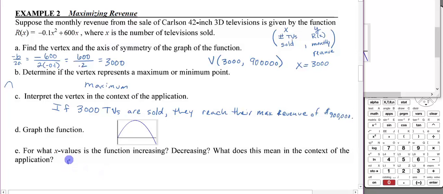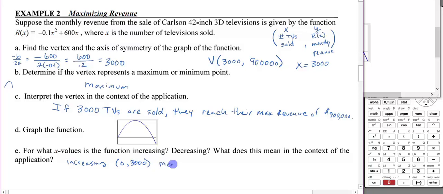application? So it's increasing from here to here, right? The x values from 0 to 3,000. So from 0 to 3,000, it's increasing.